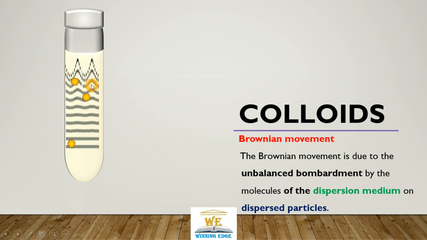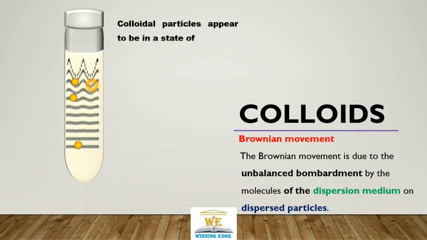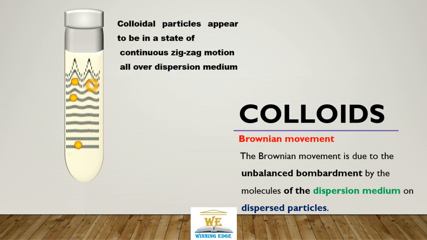That gives them a random motion, and that's why Brownian movement is a random movement of the colloidal particles in the dispersion medium. The reason is unbalanced bombardment by the dispersion medium particles, and that gives them a zigzag path.